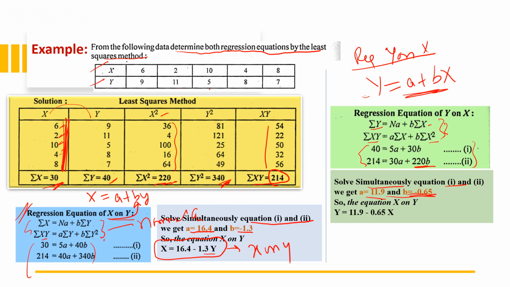Putting these values of a and b in that equation, we get y = 11.9 minus 0.65x. So this is the equation y on x by using the least square method.